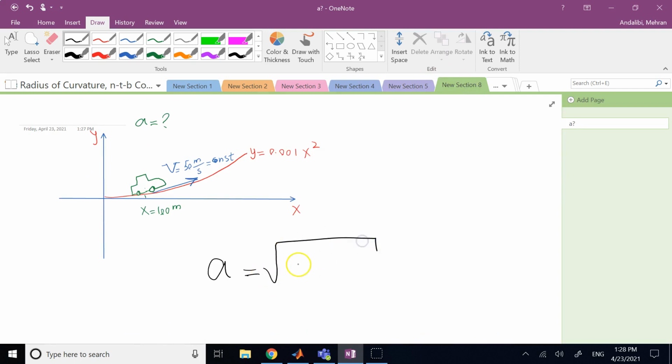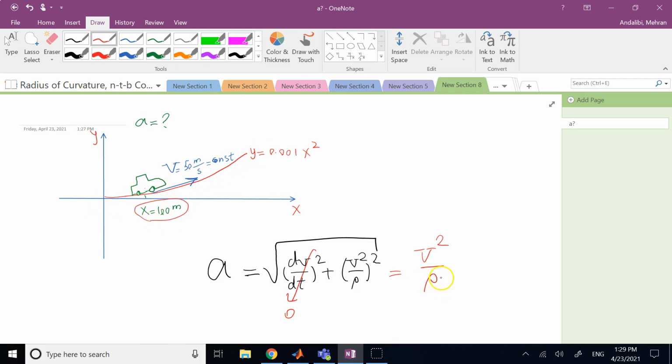It is going to be the square root of dv over dt squared, plus v squared over rho, the whole thing squared. And since v is constant, dv over dt is 0, so the square root and the power of 2 cancel. It's going to be v squared over rho. And v at the moment is given as 50. So all you need is to calculate rho for this parabola at that point.